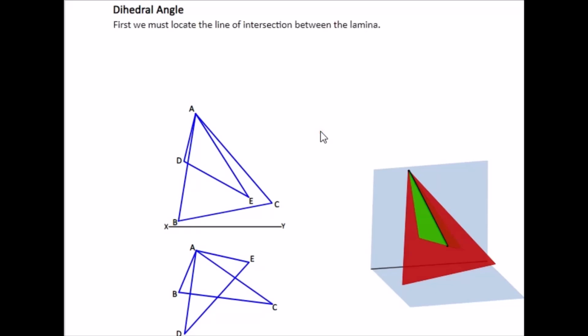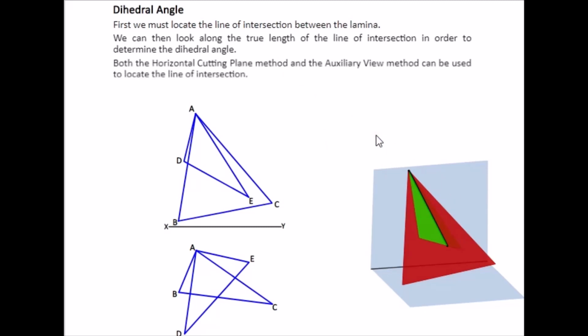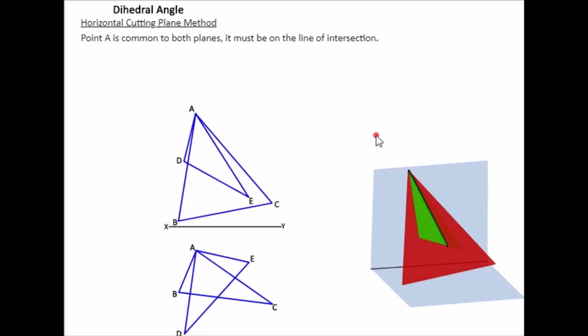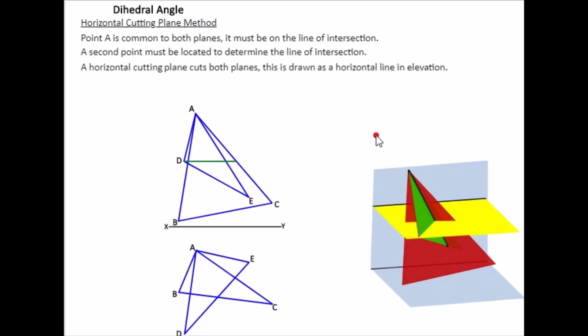In this question here, we have to find the line of intersection again. So again in this case here, a horizontal cut across from D. So we can see this in the yellow plane here. We can see how it's creating a black line here on the red triangle and a black line on the green triangle. And that gives us our point here.